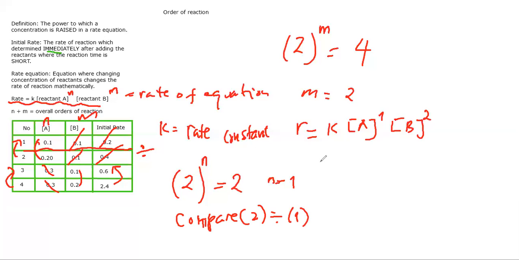In case you wish to find the order of B, you need to find where the concentration of A has the same value, meaning you need to find which one is constant. So you compare experiment number 4 and number 3, then you can get this.